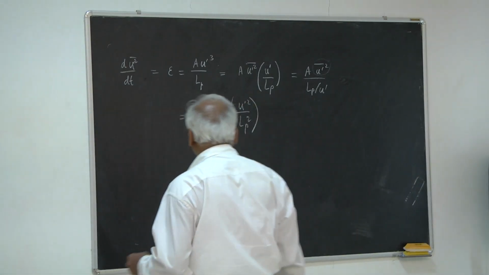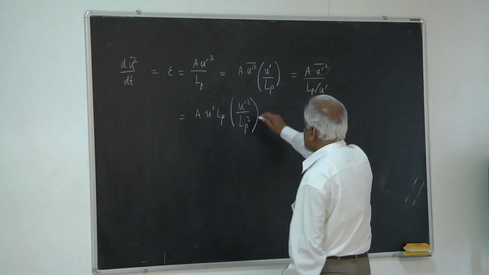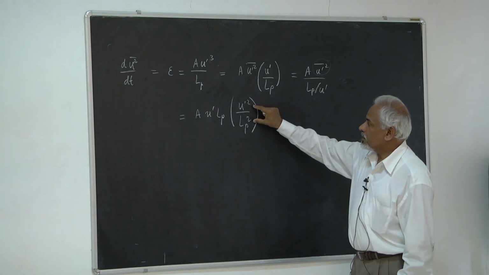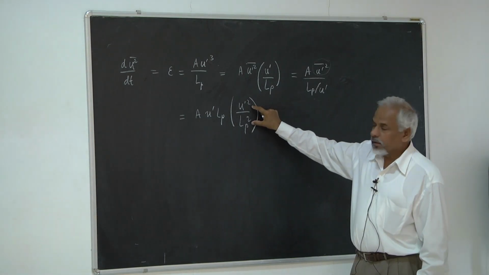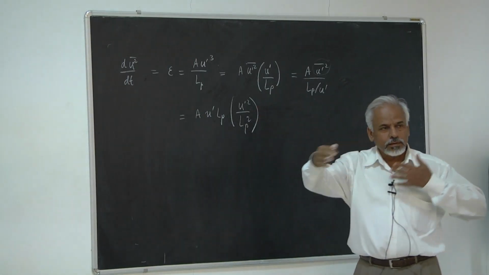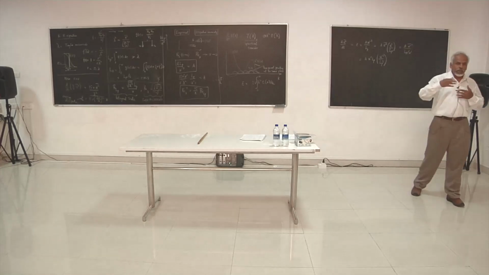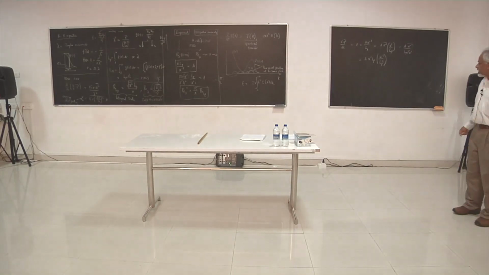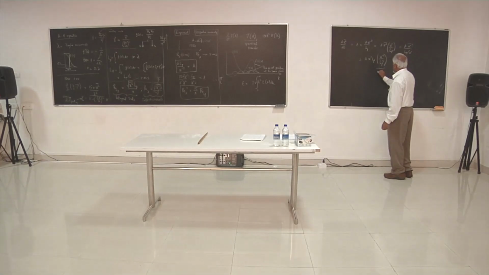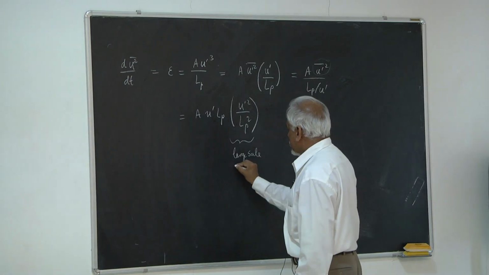Now, what does that imply? So this here is a typical velocity gradient at the large scale. See, because U prime is a velocity which may change over a length scale of order LP. And so this is a typical large scale gradient.